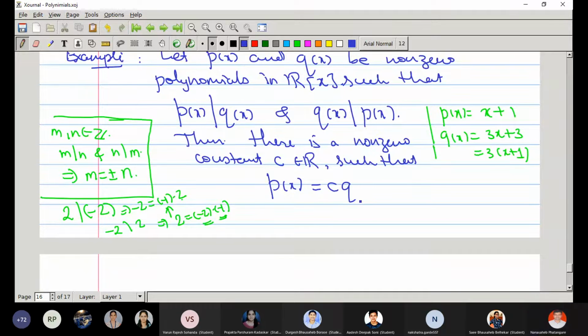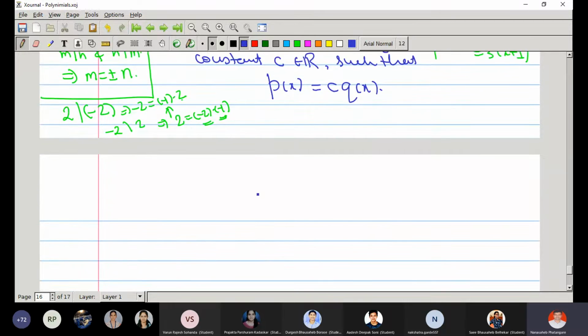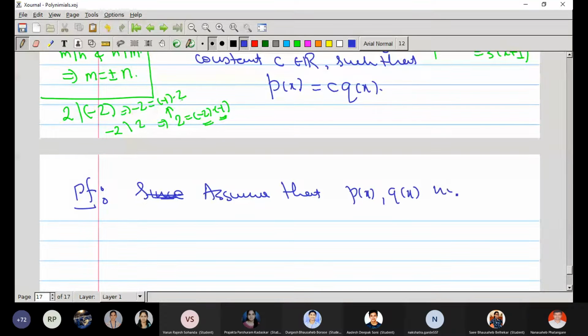And how is it possible, or how to prove this? Right. So what is given, what is the assumption? Assume that p(x) and q(x) are non-zero polynomials, and p(x) divides q(x) and q(x) divides p(x).